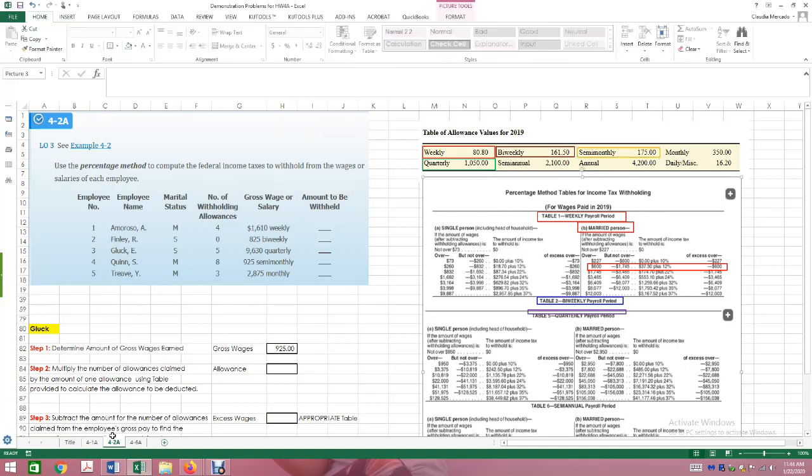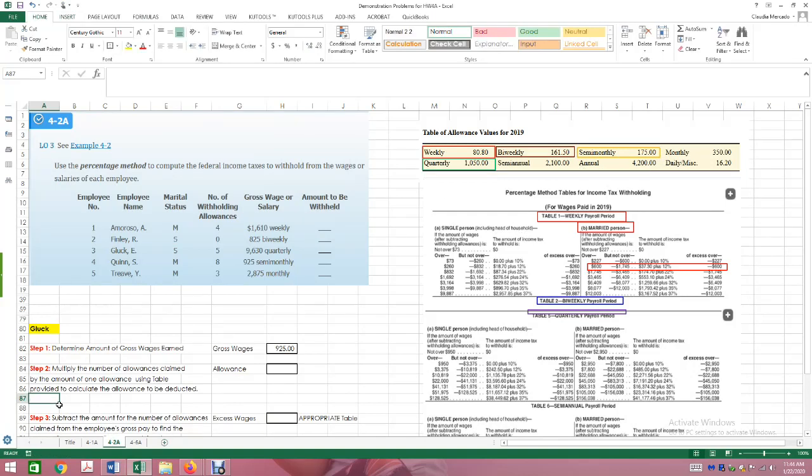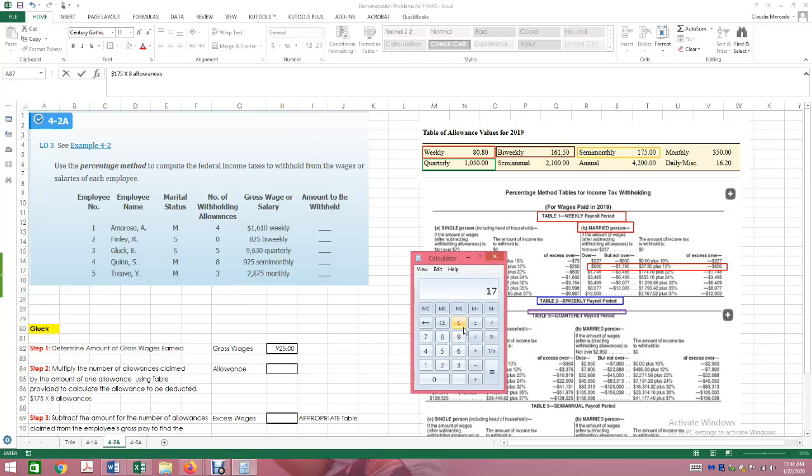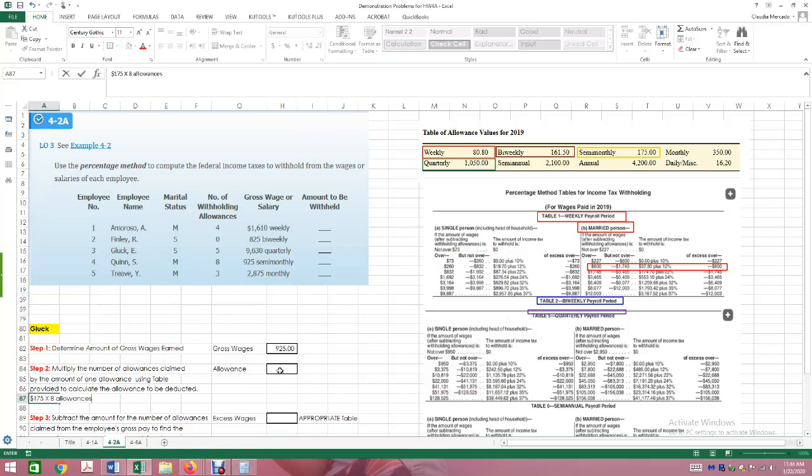So I'm going to get my 175 and I'm going to multiply it by the number of allowances, and Quinn has 8 allowances. So 175 times 8 gives me $1,400. This is the allowance that this person, Quinn, is going to get because they're claiming a lot of allowances.